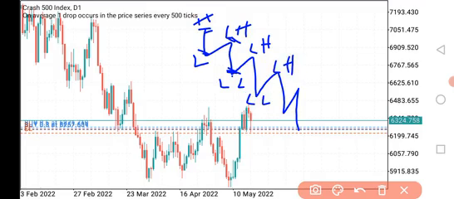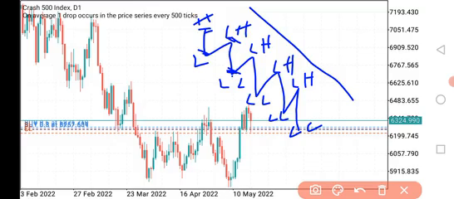Lower high, lower low, lower high, and then lower low. So this is what traders call a typical down structure, a sell structure.